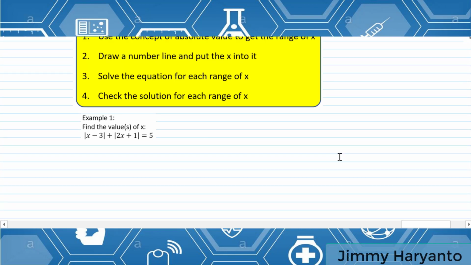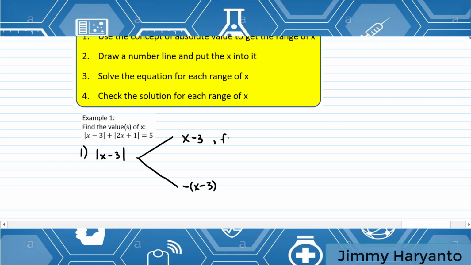Number 1 first: use the concept of absolute value. Which concept? The splitting concept. We have absolute value of x minus 3, so we split it into x minus 3, and the second one is negative in the bracket x minus 3. As usual, the first is positive and the second one is negative.